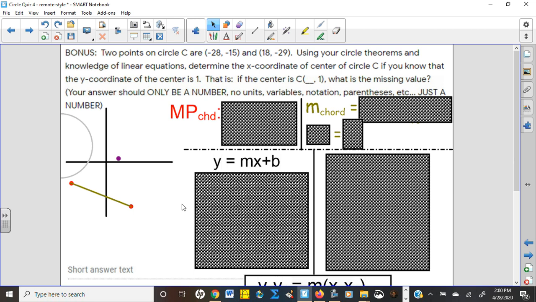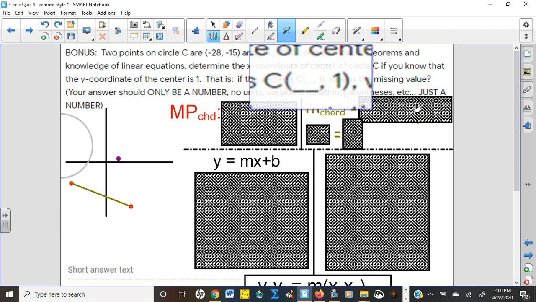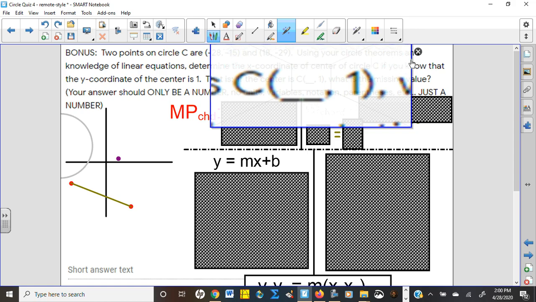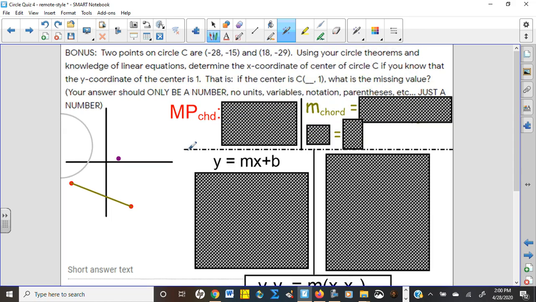They tell you, because they want you to find the center, something about the center. They tell you that the y value of the center is going to be 1. And this is important because we know from theorem 10.4 that the perpendicular bisector of any chord will always go through the center of the circle, always.